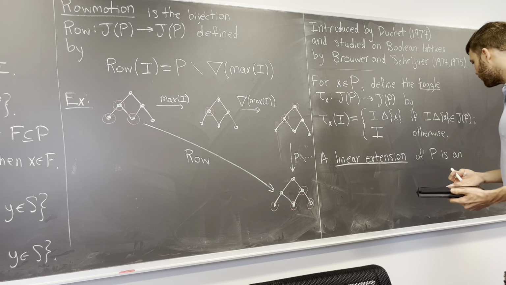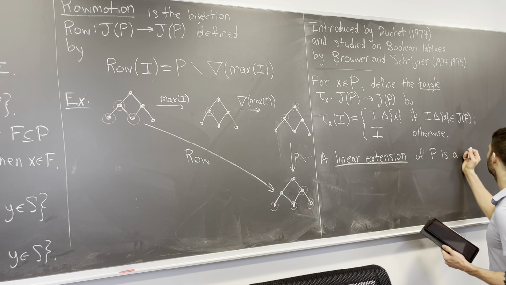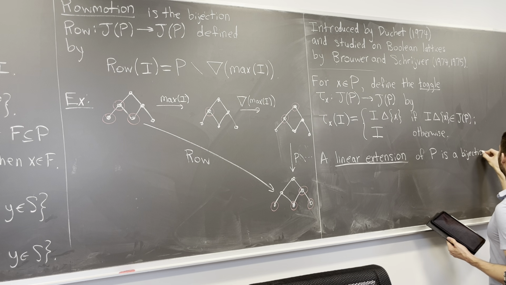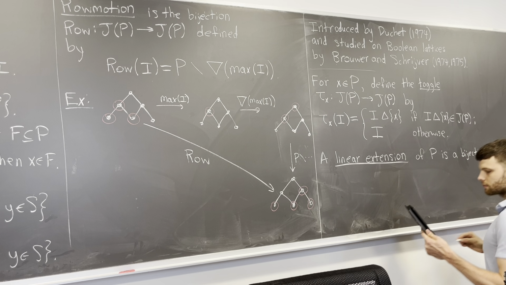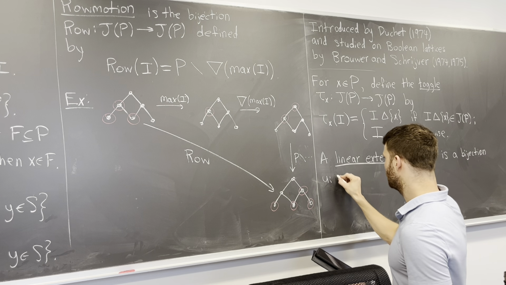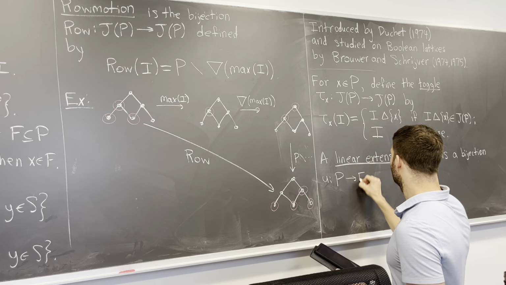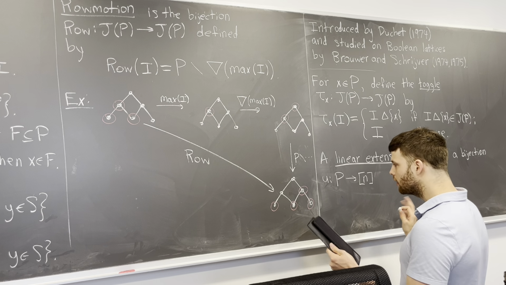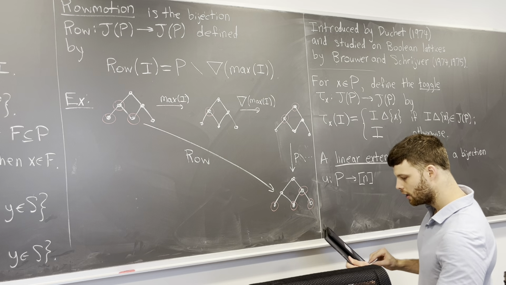Or I could think of it as a bijection, let's say u, from P to the set of integers from 1 to n. I'm assuming this is an n-element poset, so P has n elements.